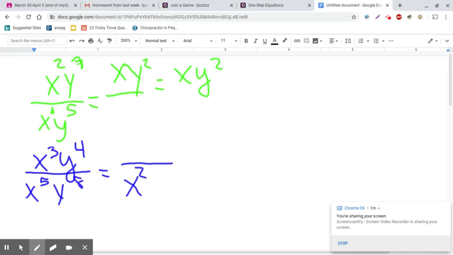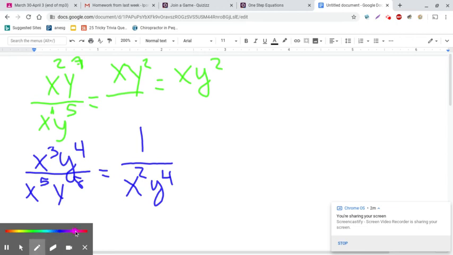Now we're going to look at our y's. What's bigger, 8 or 4? Well, 8's bigger by 4, so y to the 4th in the bottom. And remember, if there's nothing in the top, you have to put 1 as your placeholder.